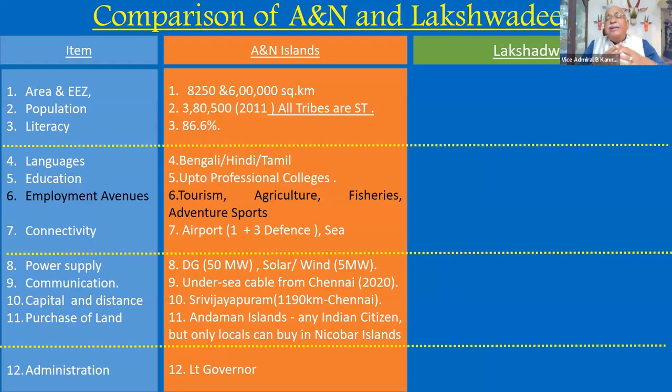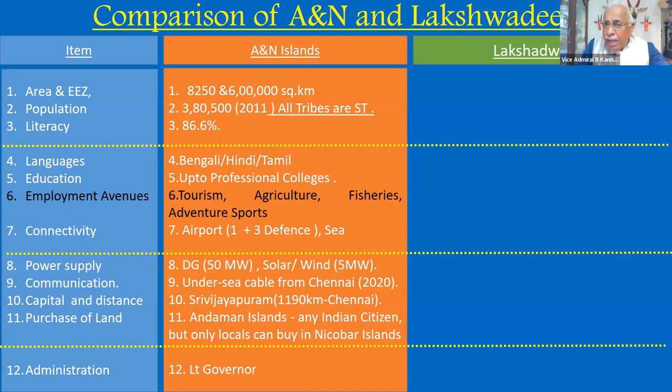But otherwise, the entire set of islands, all the islands are running their own generators 24 hours a day. No power supply goes from mainland to, even though it is possible to send through undersea cables, but that is not there at the moment. They have to manage with diesel generators.